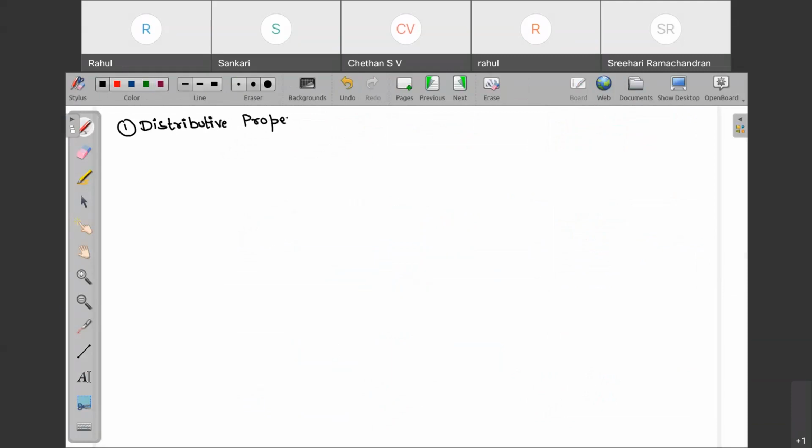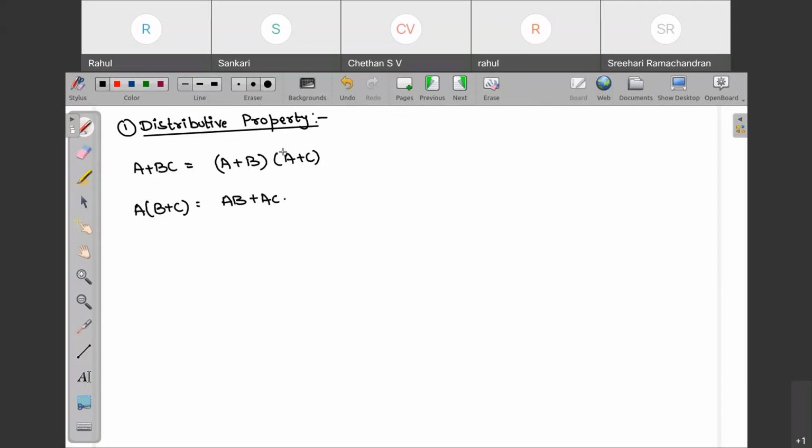So this you might even know, and even if you don't know, you will be able to solve questions. It's no big deal. A plus BC I can expand and write as A plus B, A plus C. And this I can write as AB plus AC.